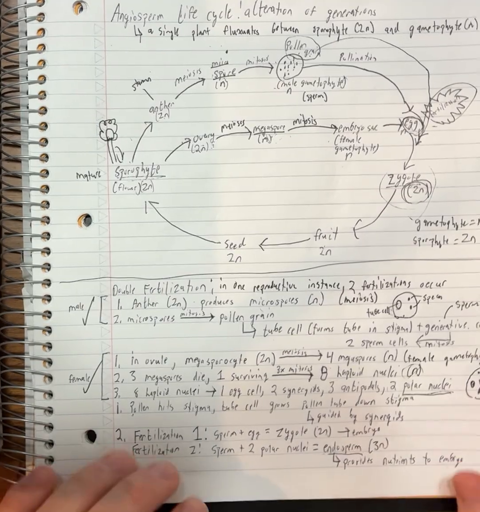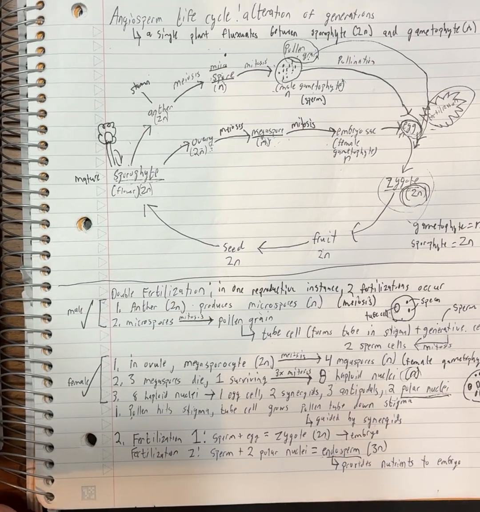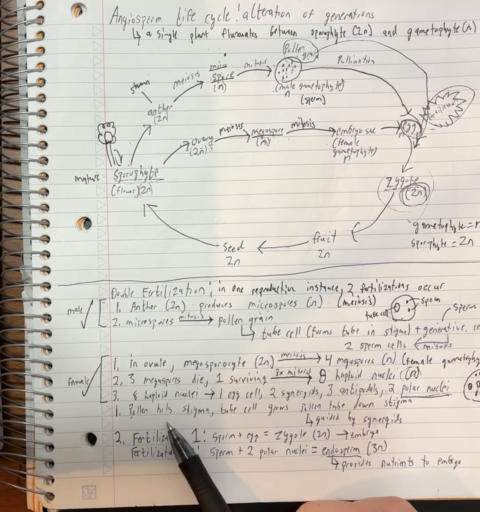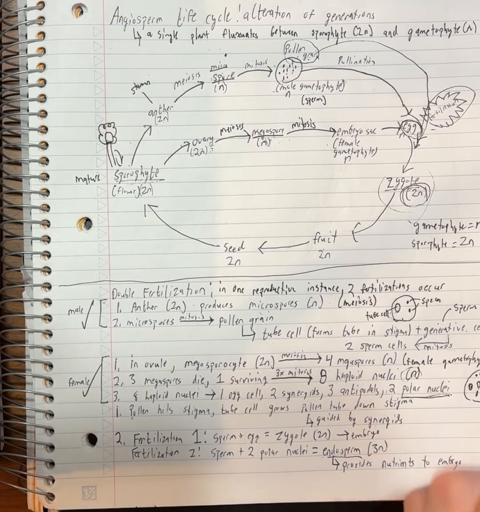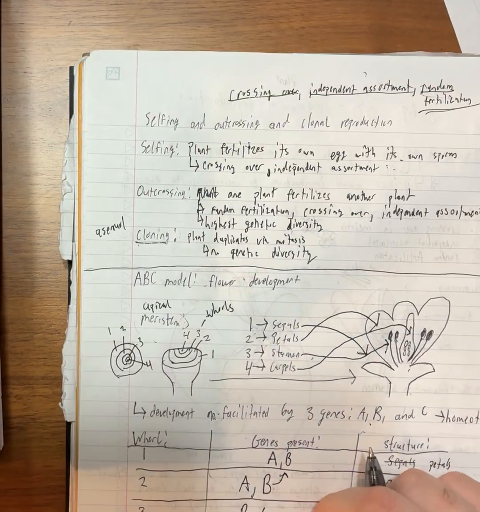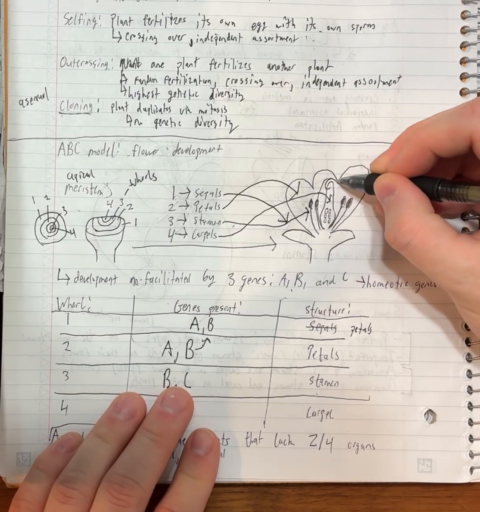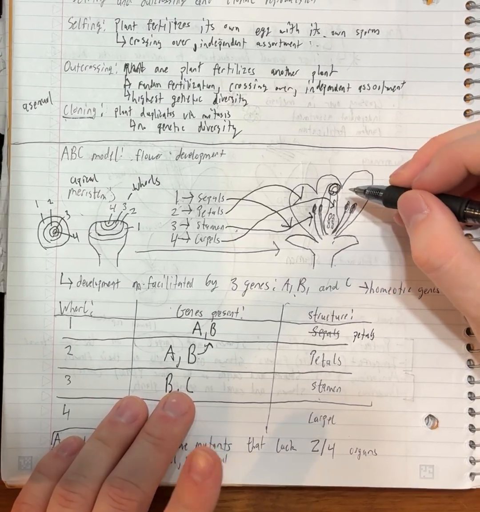So now we're going to get to the actual process of fertilization. So the first step is the pollen grain is going to hit the stigma. Remember, the stigma was this structure right here at the very end of the carpel.